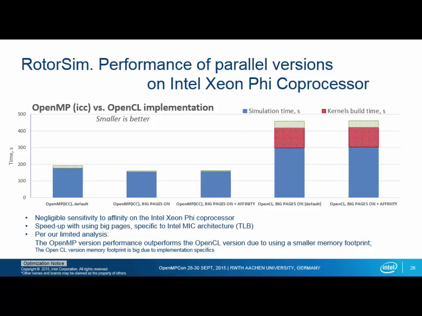We found some environment variables and tried to set them, but without any performance gain. For the OpenMP cases, we had some performance gain by enabling big pages again. That helped us to avoid TLB misses. And affinity is already enabled by default.